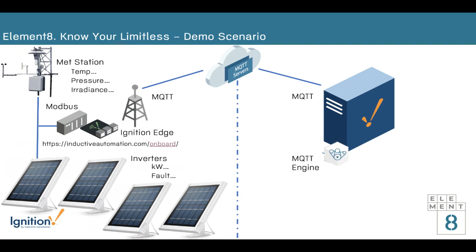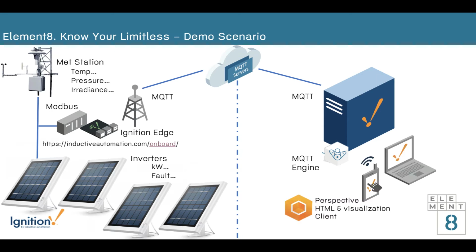In this case, I'm going to install the MQTT Engine module on top of my central server, and I'm going to build out a very simple Perspective or HTML5 rendered visualization client, a little dashboard project. So in a nutshell, that is what I'm going to cover in the next few minutes here in the demo, and let's see how well we can connect to these different devices.